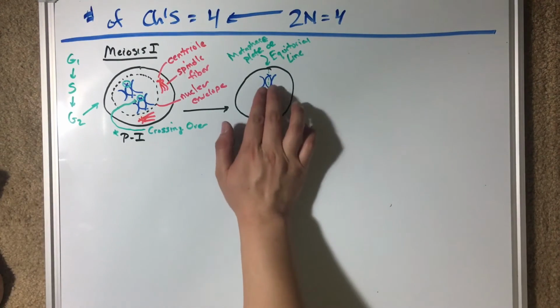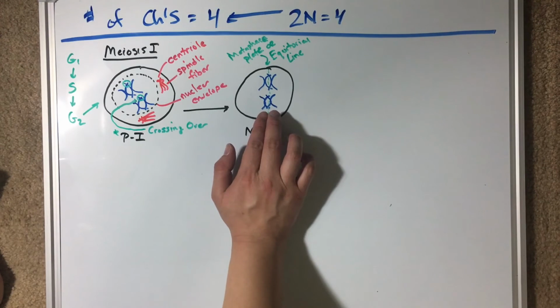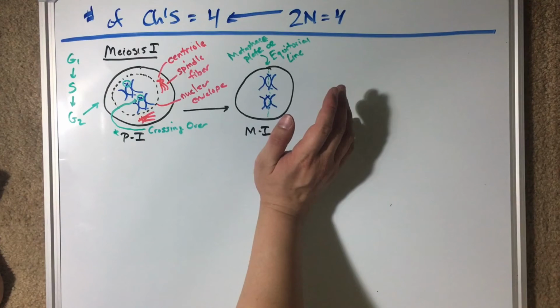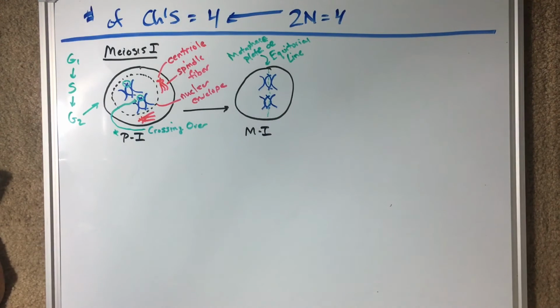Notice that the homologous chromosomes are lined up. These are called homologous chromosomes. I like to think of homologous chromosomes like this: you have a deck of cards, and one deck has the Queen of Hearts, and a second deck also has a Queen of Hearts.